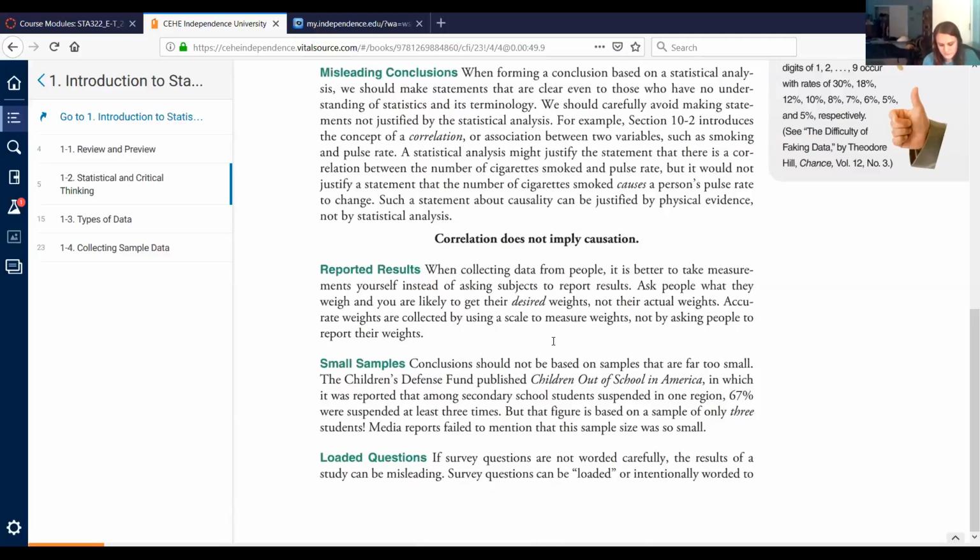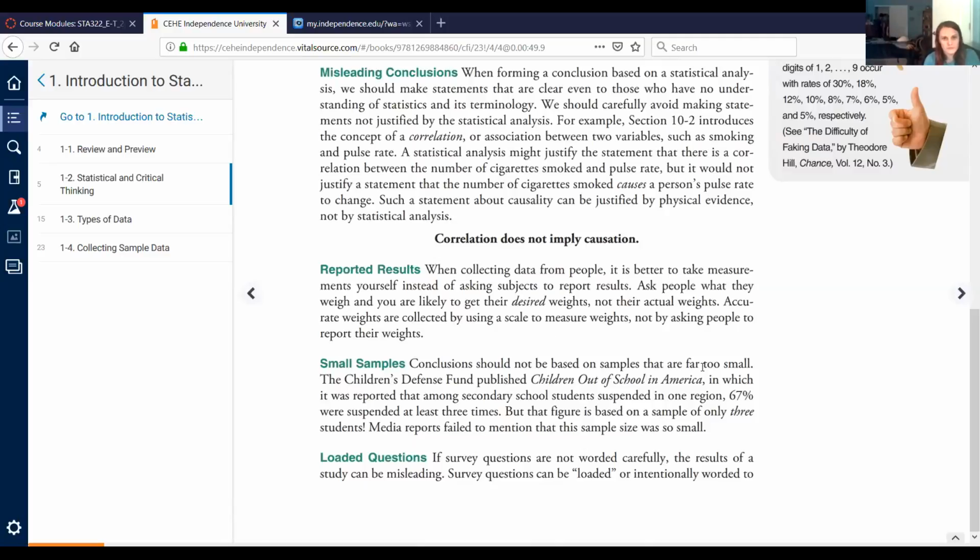They based that on 3 students. And that just is not enough to draw any conclusions. Sample size is important. If they had added a 4th student, it's unlikely that they would have maintained that.